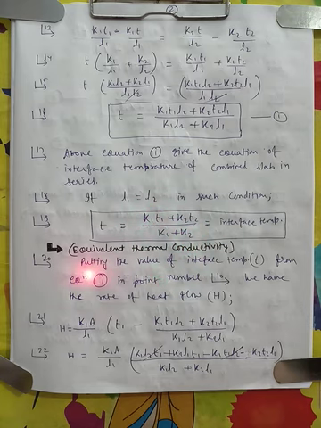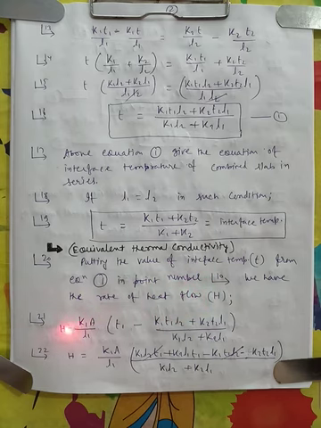Now we will find out the equivalent thermal conductivity of the slab. So putting the value of interface temperature T from equation 1 in equation 10, where the rate of heat flow is given for both the slabs individually, you can see in the last page.